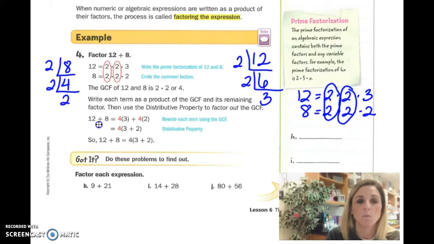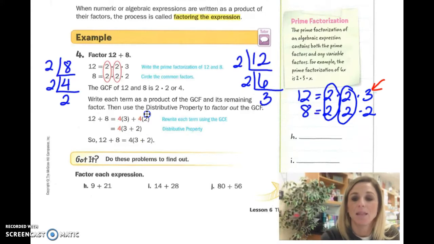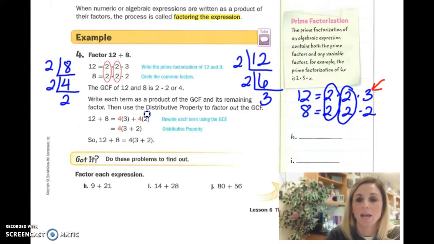So they took 12 plus 8, which equals 4, because they took the common factors, 4, times the 3, which is left over right here, and then they multiplied it by the 2, which was left over from the 8. So if you look here, that is left over. That is where they came up with that.